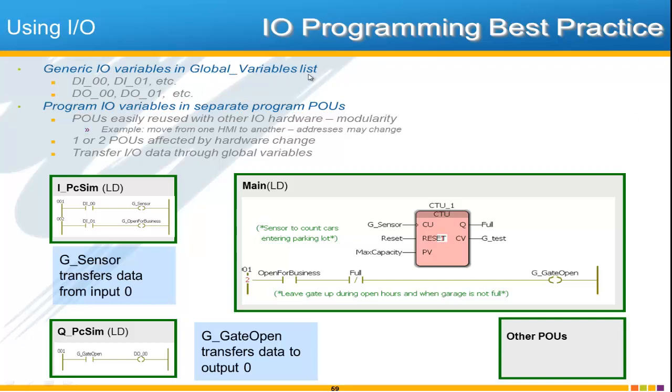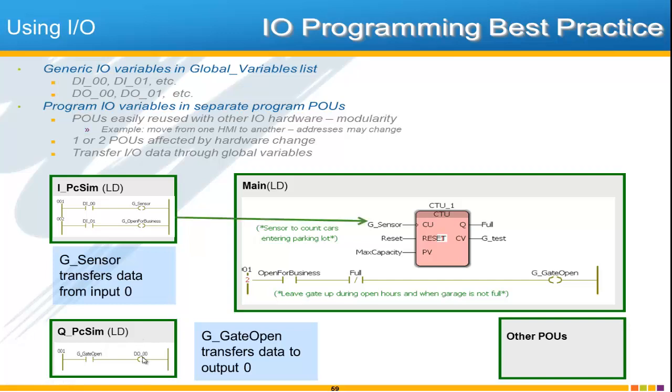So rather than just applying addresses to existing variables in the POU local list, it's a better practice to use global variables such as di_00, di_01, and to create those variables in your global list, and then even to go so far as to have a separate program POU where these generally named inputs can interface with global variables that operate the different POUs of the code, and also a separate POU for anything that's an output to control the hardware outputs.